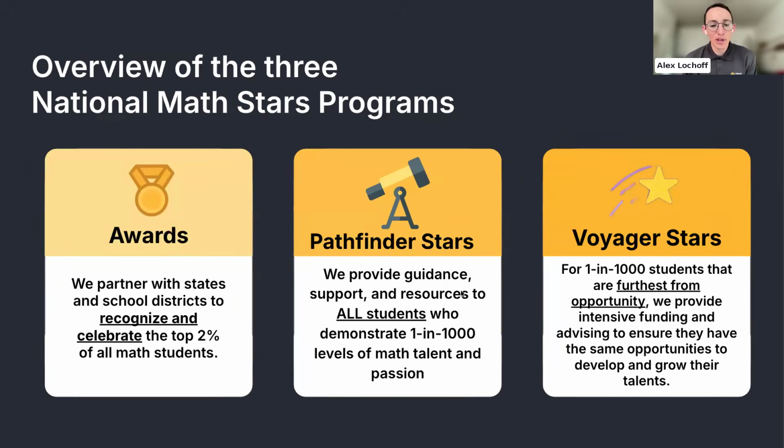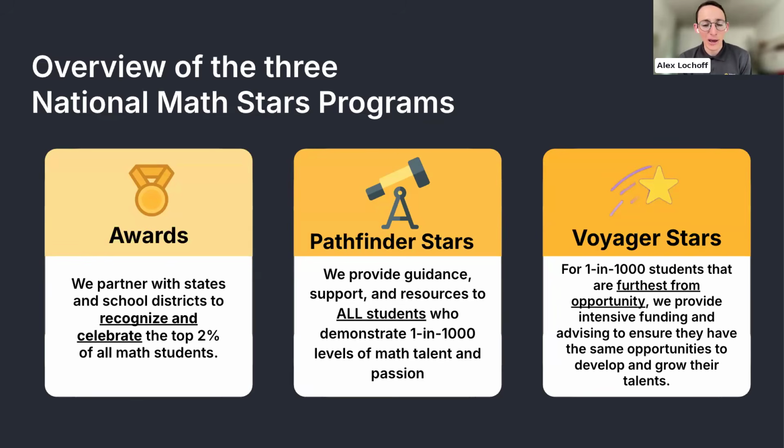Specifically, we accomplish our mission by running three separate programs. First is our Math Awards program, where we partner with school districts and state departments of education to recognize and celebrate math excellence in all communities. And then we run two different versions of our STARS program.